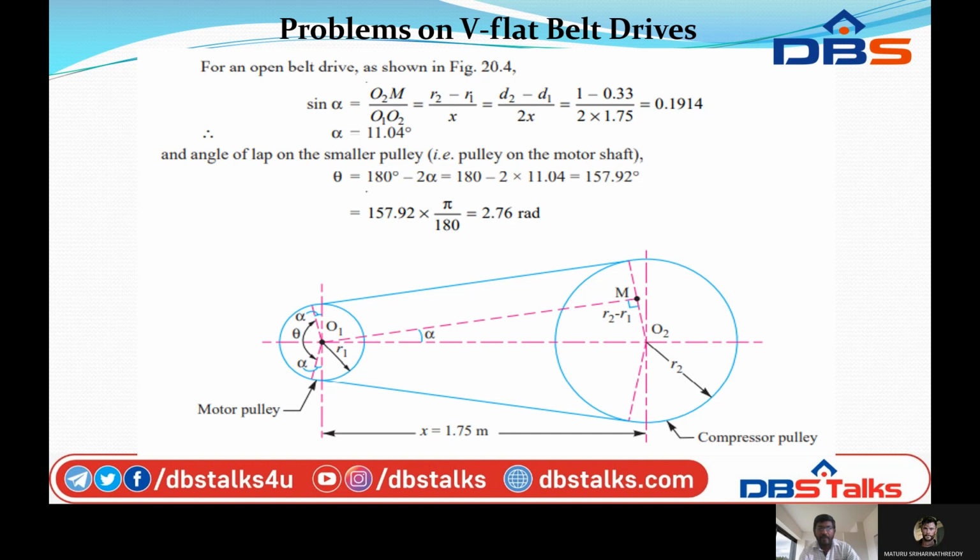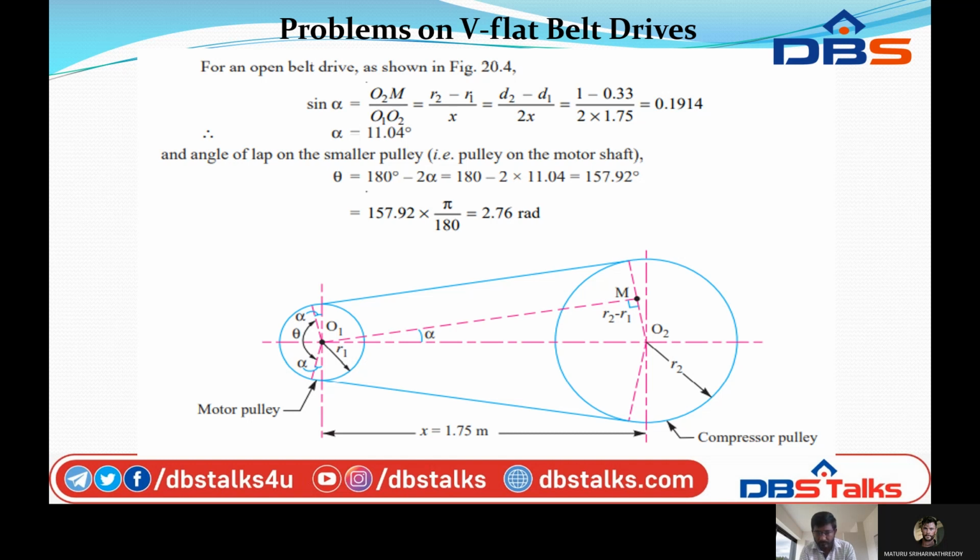And the angle of lap on the smaller pulley, the pulley on the motor shaft, theta is equal to 180 minus 2 alpha. So substitute the alpha value in the equation. Theta is equal to 180 minus 2 into 11.04. So theta is equal to 157.92 degrees.